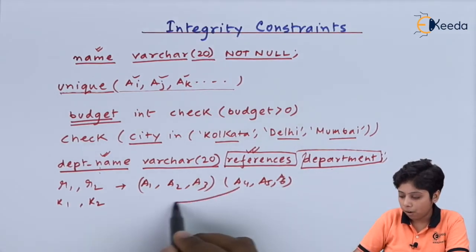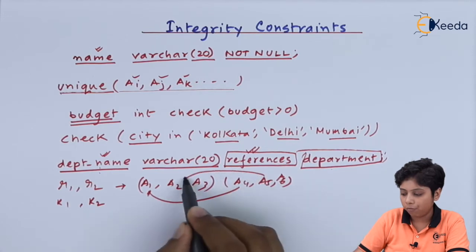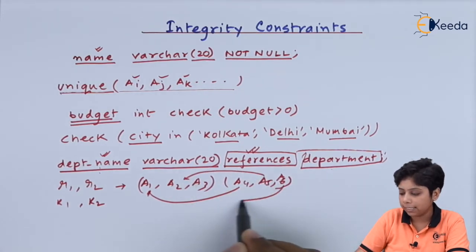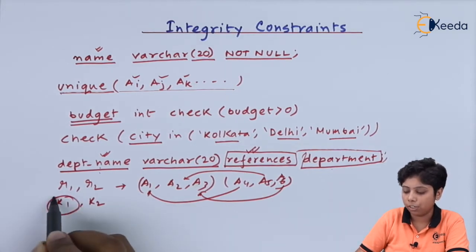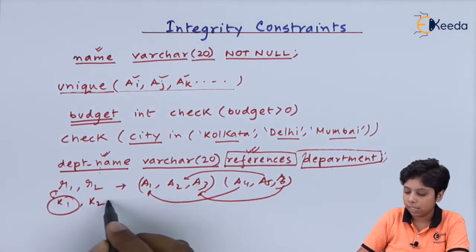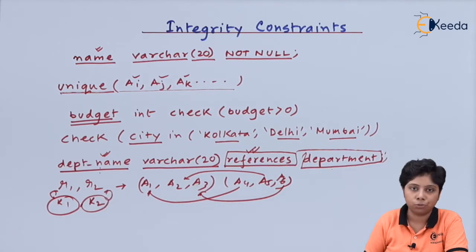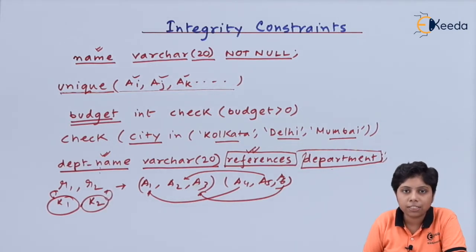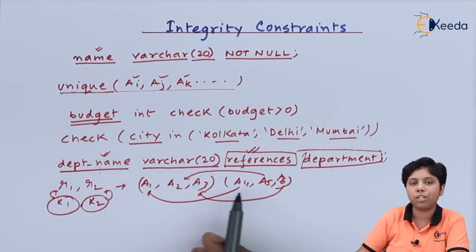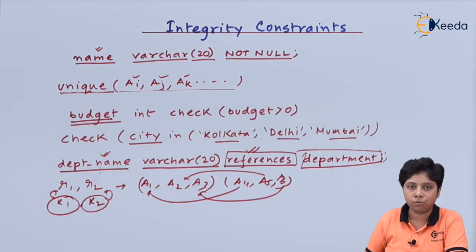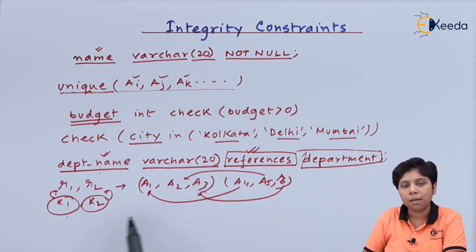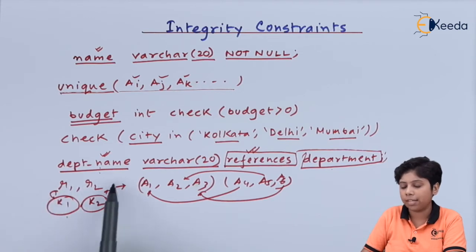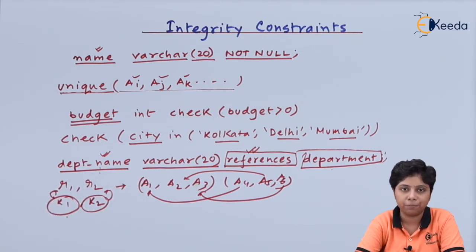Now if A4 references A1, A5 references A2 and A6 references A3, then we must have K1 the same as K2. So in this way we can define the referential integrity: if the attributes are referencing another attribute in another relation, then the records pertaining to those attributes must be exactly the same as in the referred relation.